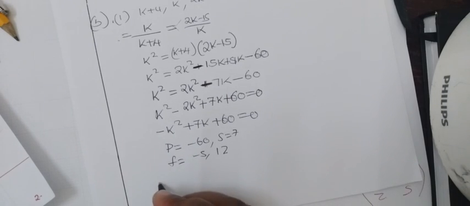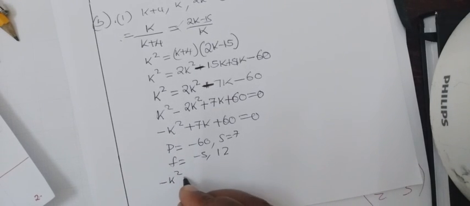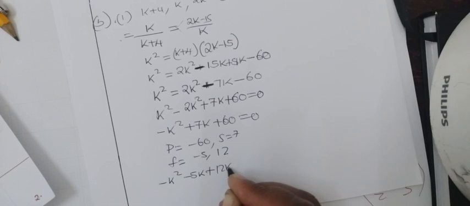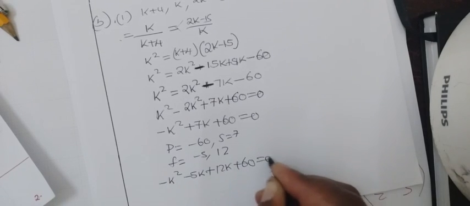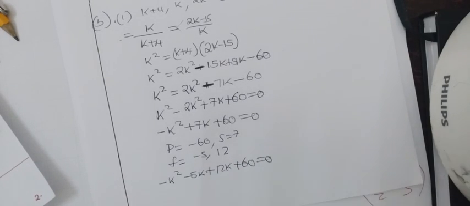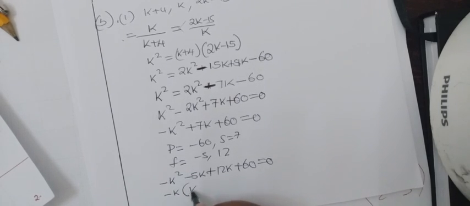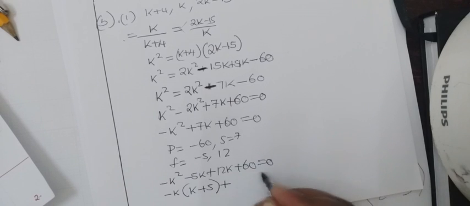Meaning that you say negative k squared minus 5k plus, this is positive, 12k plus 60. The answer is what? 0. Okay? So here we group the terms and factorize. So negative k, open bracket, k plus 5, plus, what is common here is 12. k plus 5 is equal to 0.